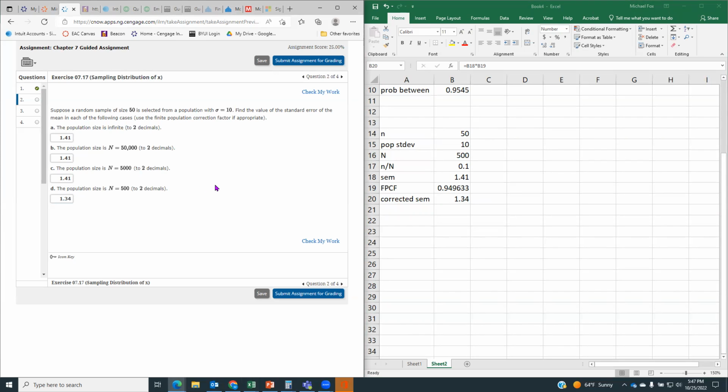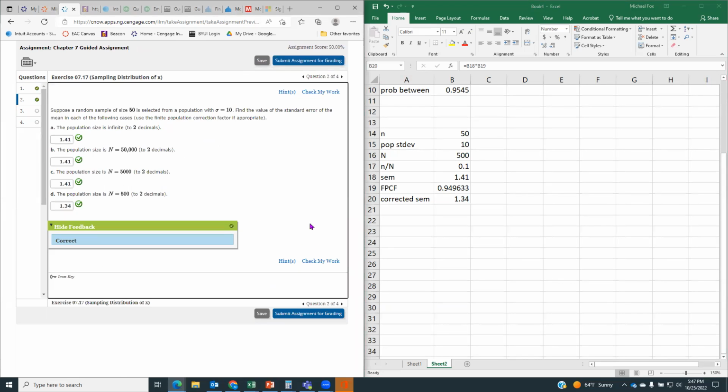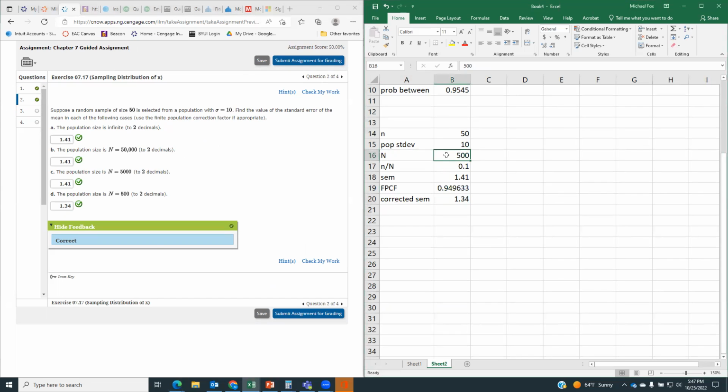Okay, I can check my work and see that they're all right. But what's interesting, if we go back to the one with a big N of 50,000, we would see that because our little n divided by big N is so small, our finite population correction factor becomes pretty much irrelevant.